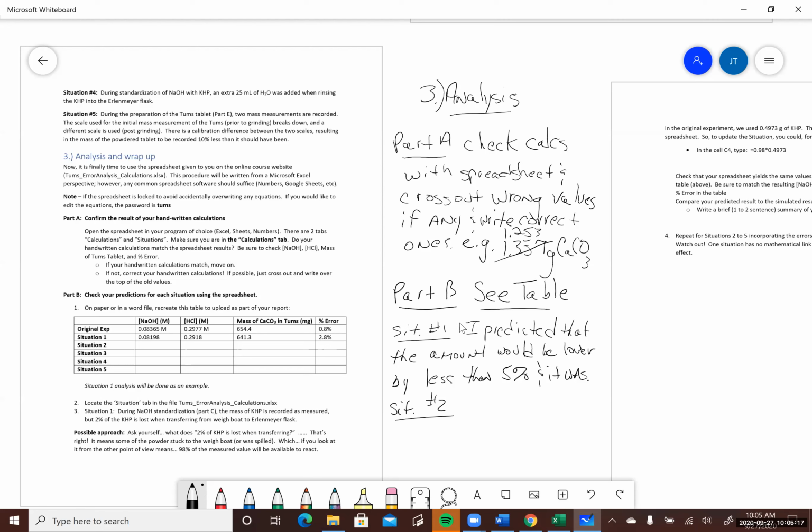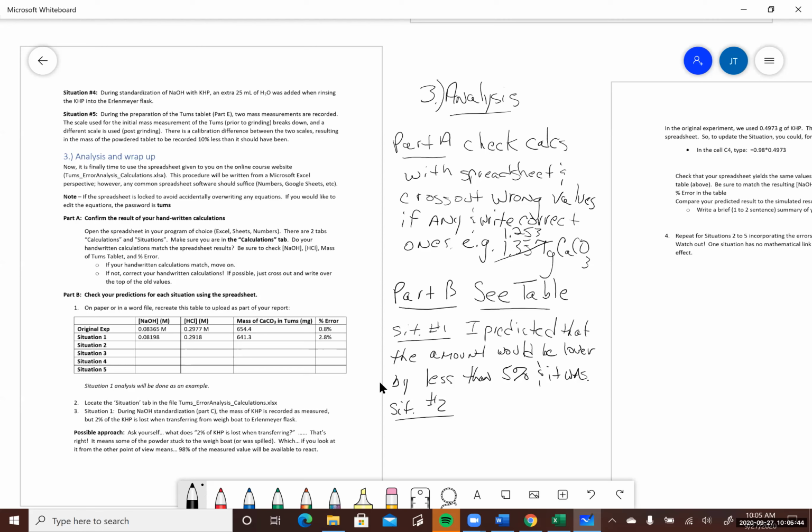And then I can go back and say, because down here it wants you to put in a sentence or two talking about what you predicted and what came out, and so I put here for situation 1, I predicted that the amount would be lower by less than 5%, and it was 2.8%.